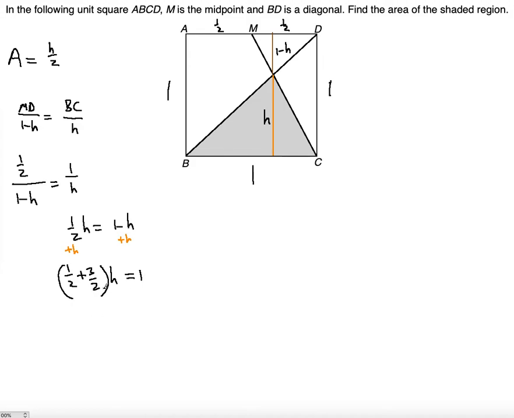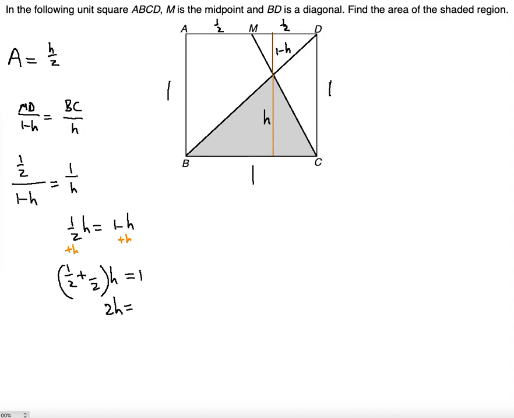Oh, sorry, not 3 over 2, this is 2 over 2. I made a mistake. 3 over 2 is the result.